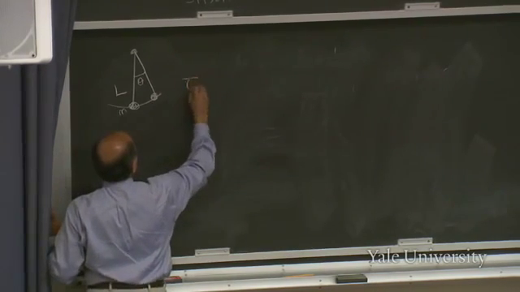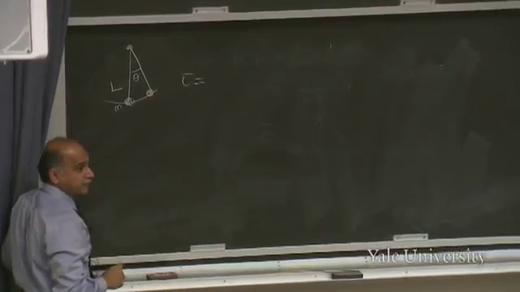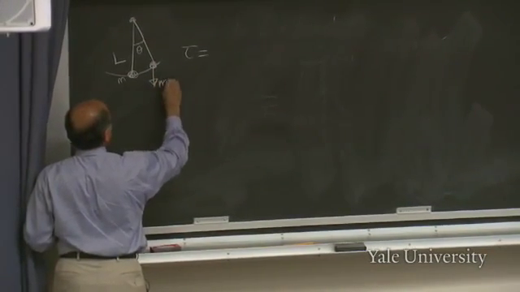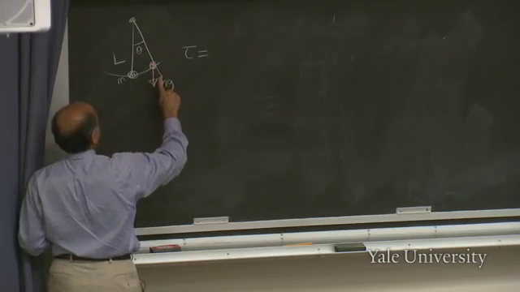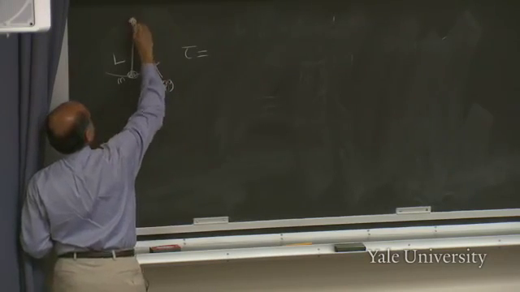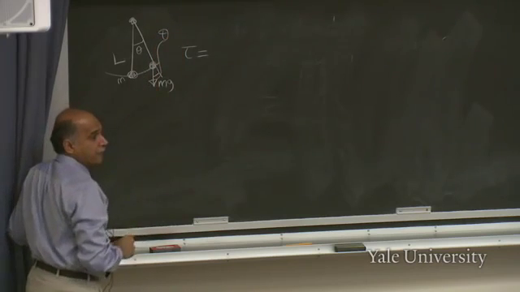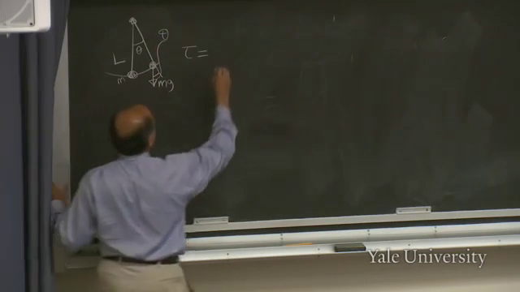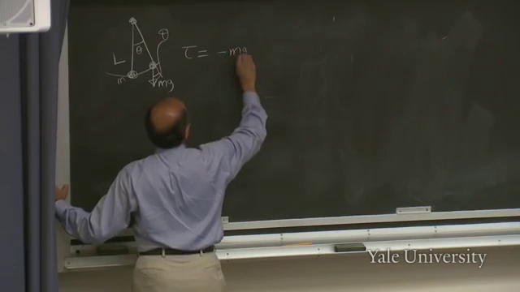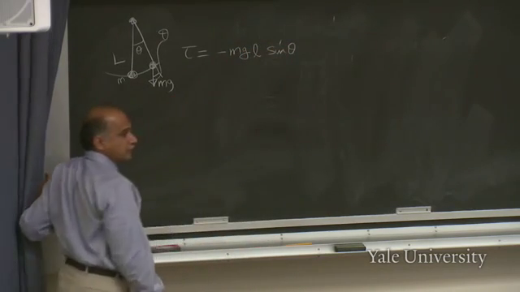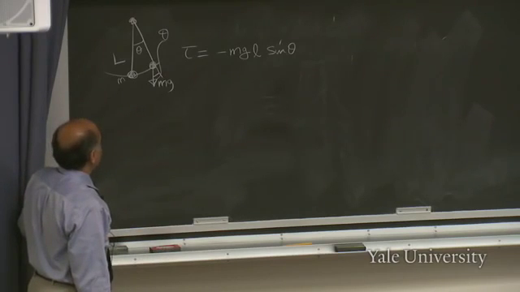What is the torque in this particular case? Let's find out. The force is mg. And the angle between the force, and you're trying to do rotations around this point, this angle here is the same theta. So torque is really minus mgL sine theta. That's the formula for torque.